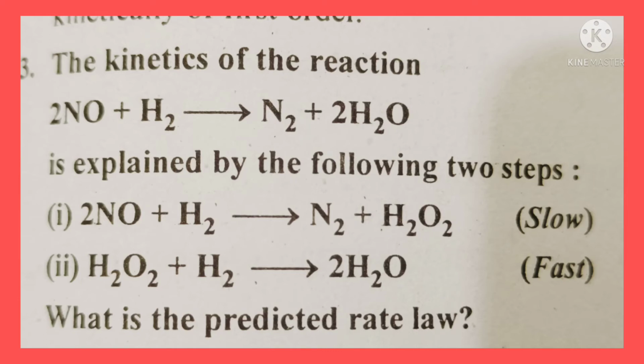The kinetics of the reaction 2NO plus H2 gives N2 plus 2H2O is explained by the following two steps. 2NO plus H2 forms N2 plus H2O2. H2O2 plus H2 gives 2H2O, fast. What is the predicted rate law?